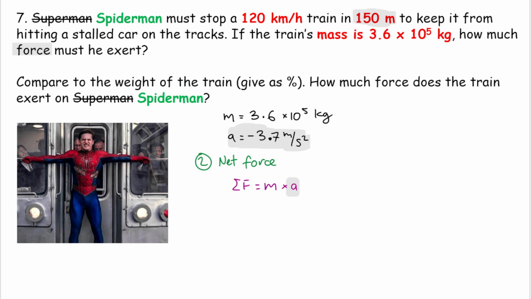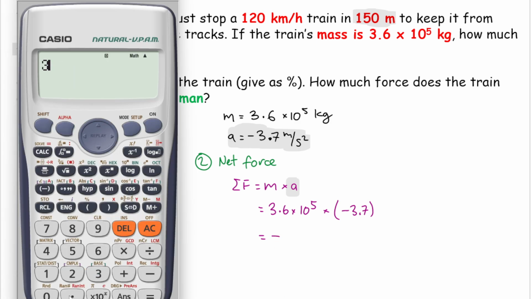We will have 3.6 multiplied by 10 to the 5, and then multiplied by minus 3.7. So we'll have minus 3.6 multiplied by 10 to the 5, then multiplied by minus 3.7.